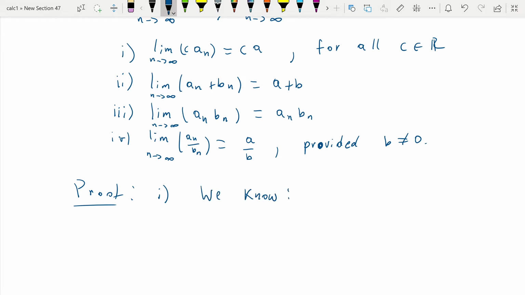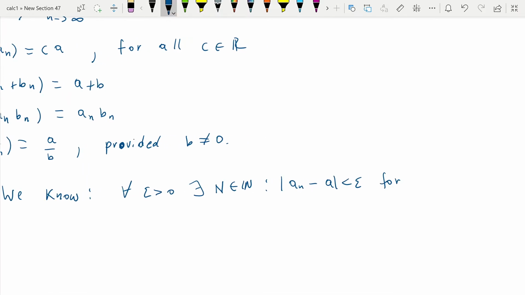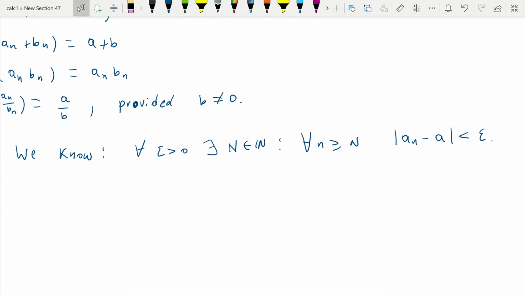We know that for all epsilon greater than 0, there exists some N in the natural numbers, such that |a_n - a| is less than epsilon for all n greater than or equal to N. I'm just going to write it in this more succinct way.